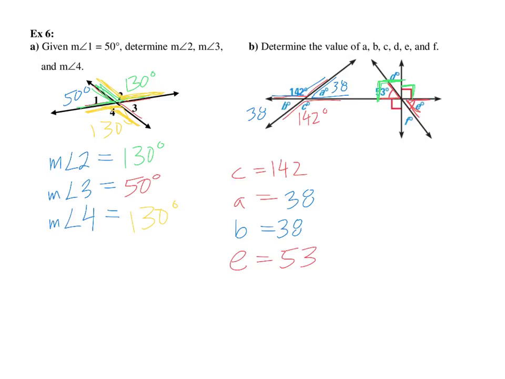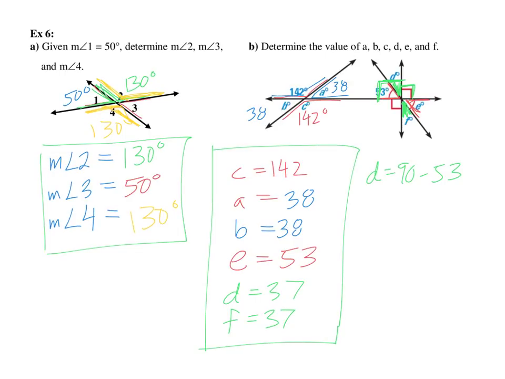So D is equal to 90 minus 53, which is 37. And if D is 37, then F must also be 37 because they're vertical angles. And that's it. We found everything. We're done.